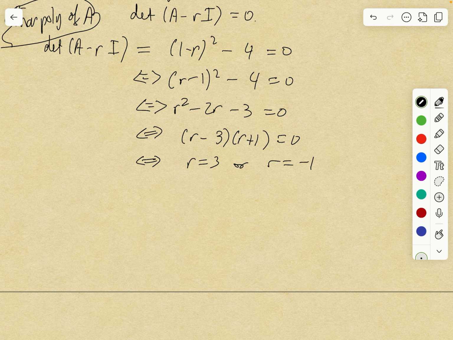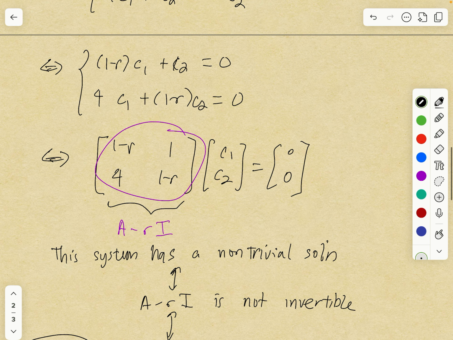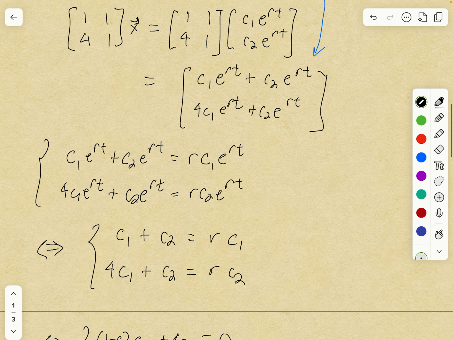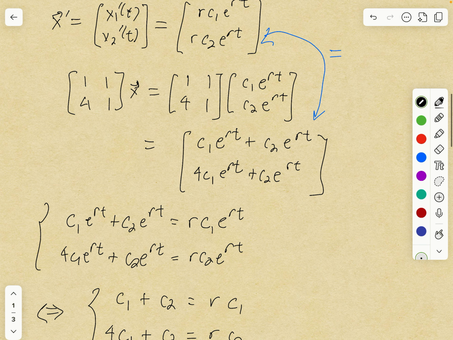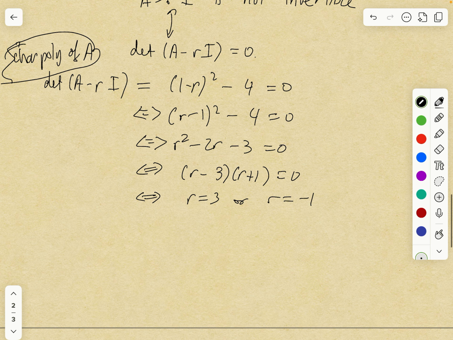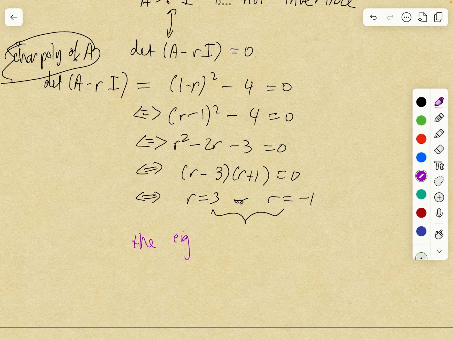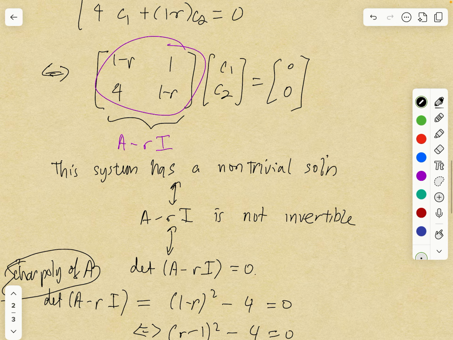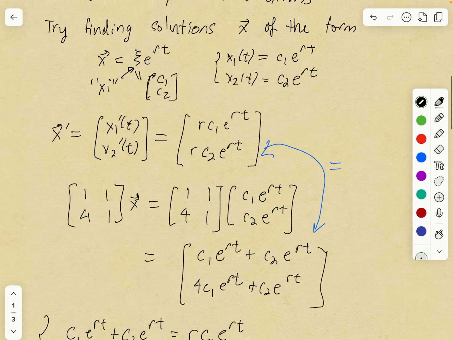So what are my r's here? The r's are the eigenvalues of the matrix. That's what we just calculated: the eigenvalues, the roots of the characteristic polynomial. Now that we've done that, we have to go back and solve for C1, C2, because remember, we're not done.